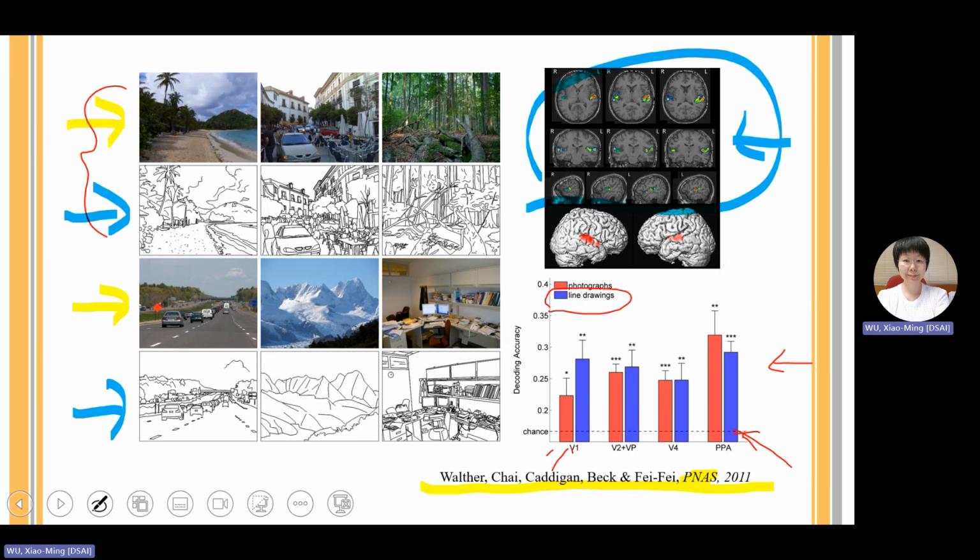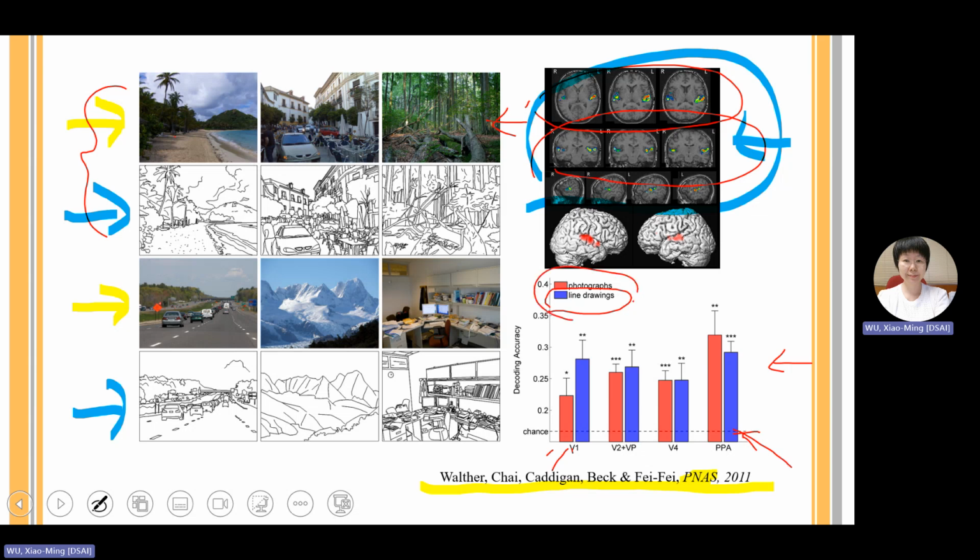They are equally capable of guessing the category of the images, from the fMRI activity when the participants see the real photographs and the fMRI activity when they see the line drawings.